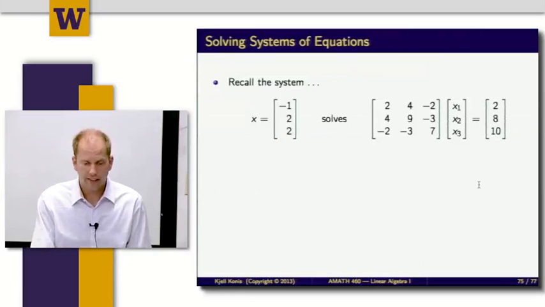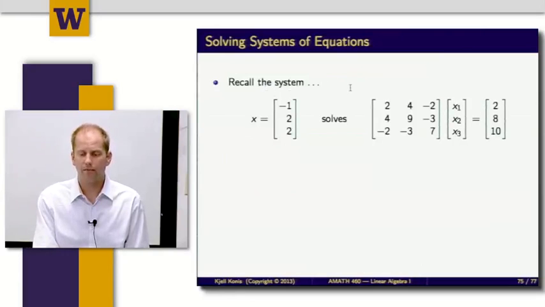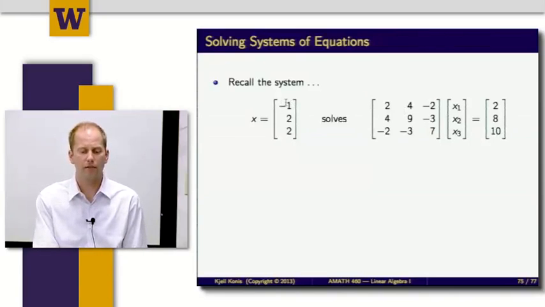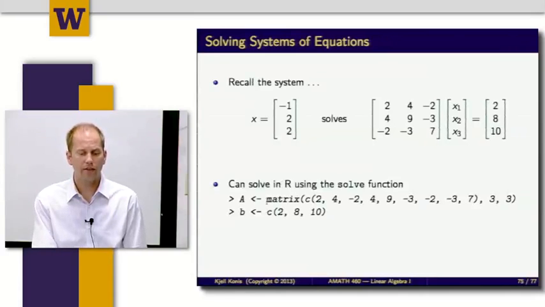And then one last thing. Recall this is the system from the first set of slides today. We found the answer was -1, 2, 2, and I solved that by elimination. We can also do this in R, just using the solve function.